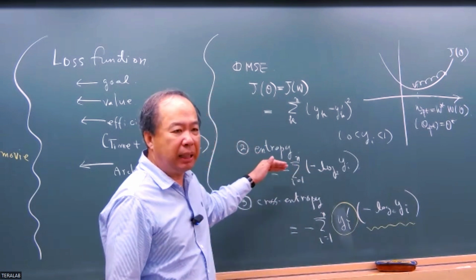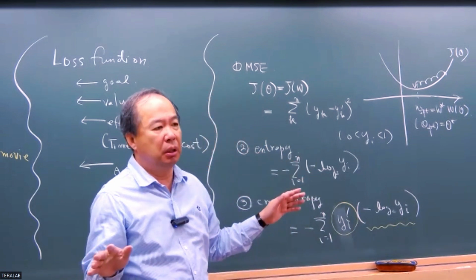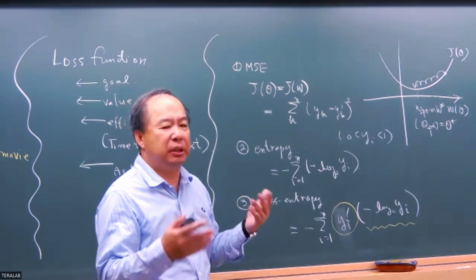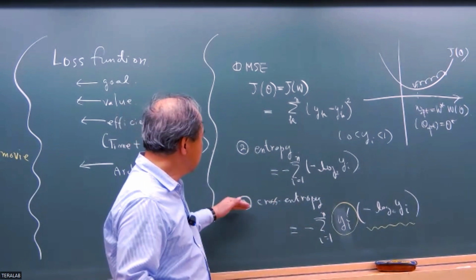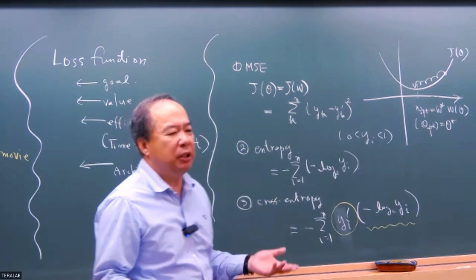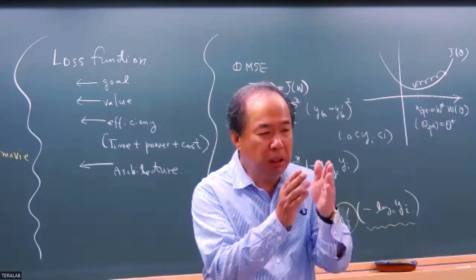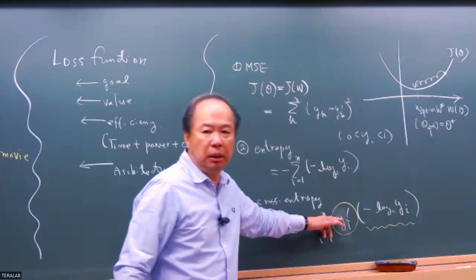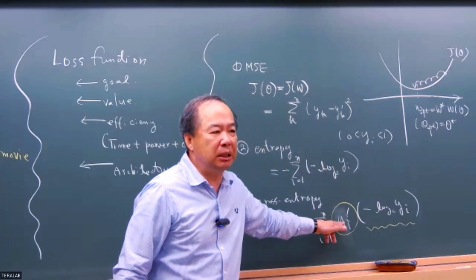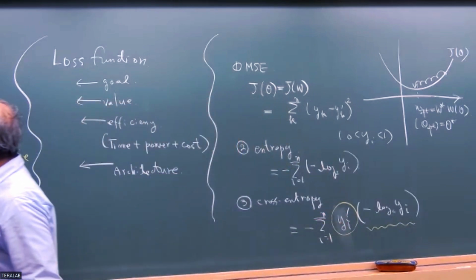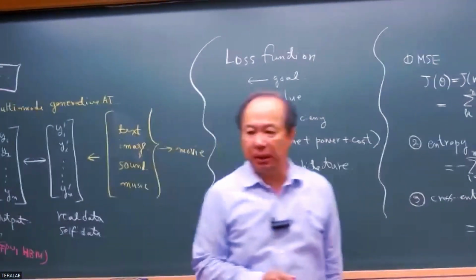The first entropy is a kind of average information to train the generative AI. But here, in number 3, we do not have enough computing power or attention. We only focus on certain entropy terms, selected where y dash, the real data, has higher probability.